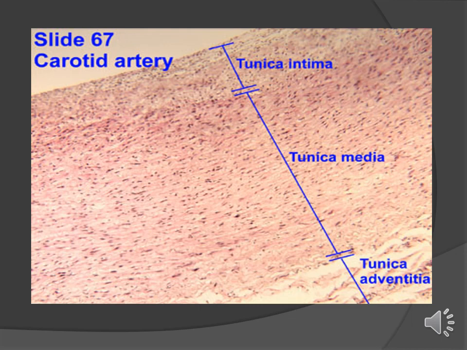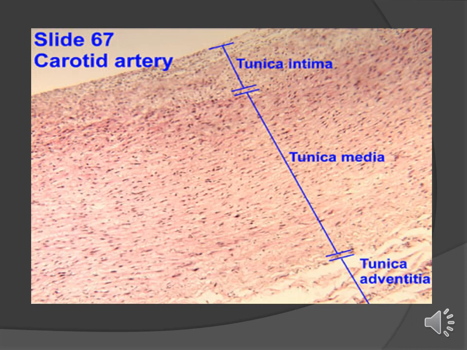These elastic laminae are sheets of fenestrated elastic material that is produced by smooth muscle cells interspersed between the elastic laminae. The elastic laminae are not well visible with this type of stain.